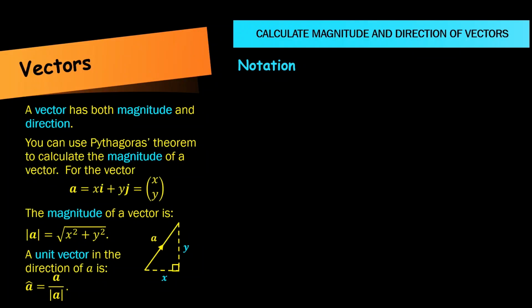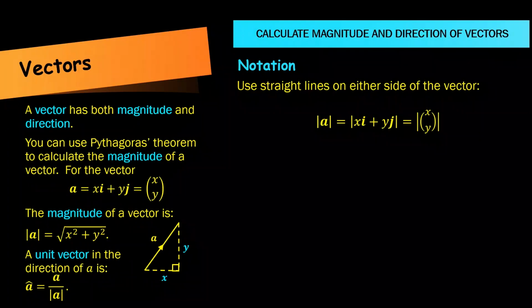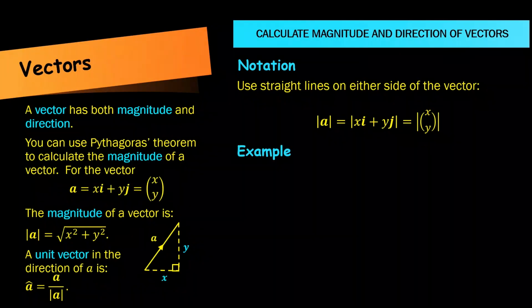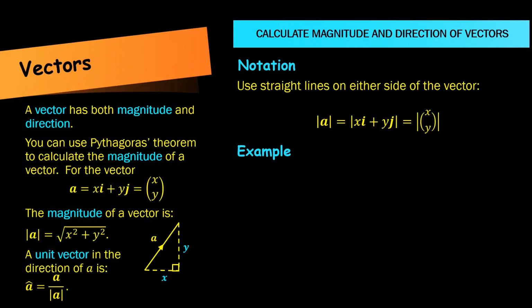Let's now take a look at some notation. Use straight lines on either side of the vector. So mod A means the length of A, or mod of xi plus yj, which equals mod of the vector A. Let's take a look at an example.